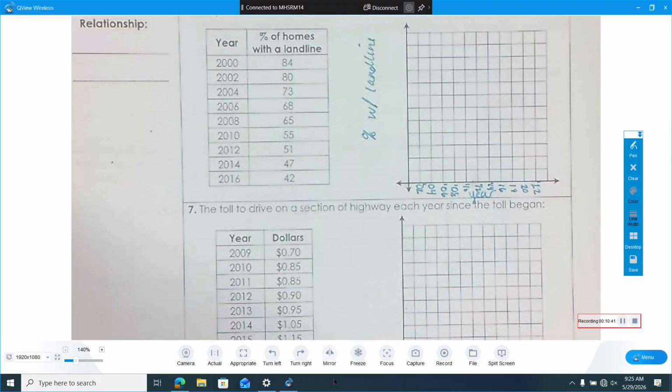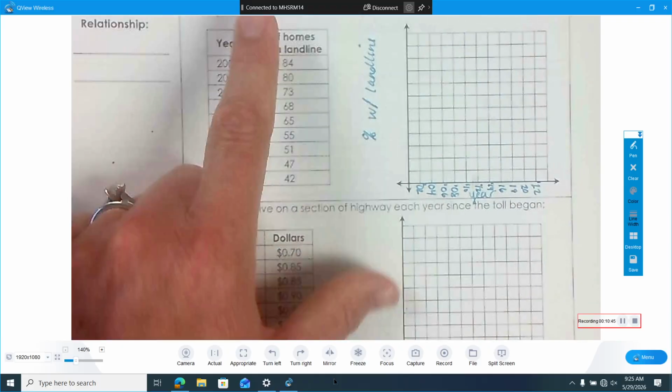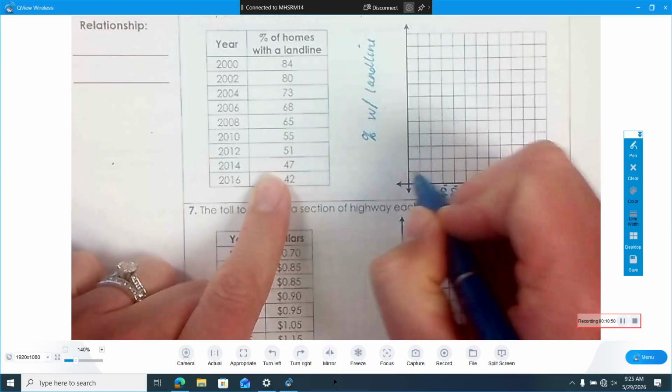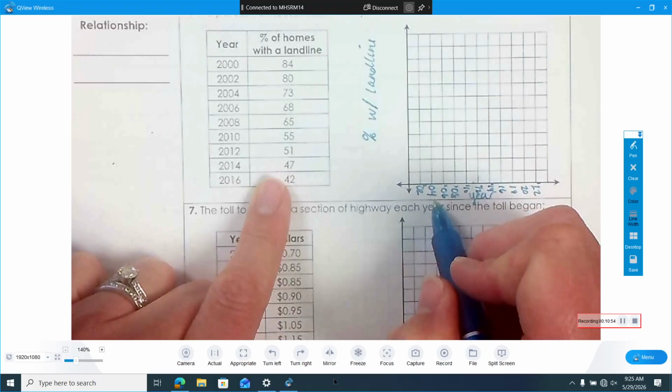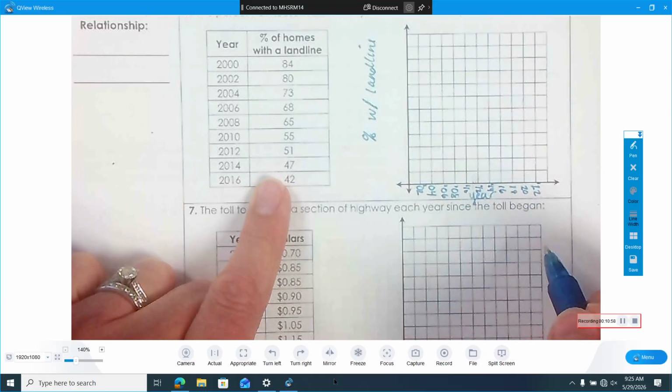All right, those are counting by twos. And then on landlines, I'm going to just count again.